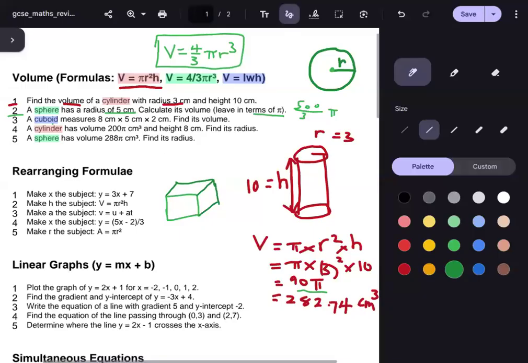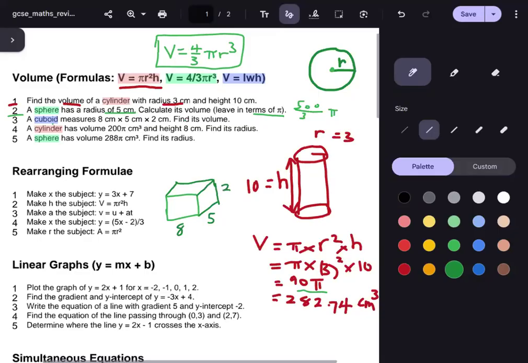And it says the cuboid measures 8 centimeters times 5 centimeters times 2 centimeters. So the length will be 8. Then the width, which is from the side here, will be 5. And then the height, which will be from the top to the bottom, will be 2 centimeters, right?